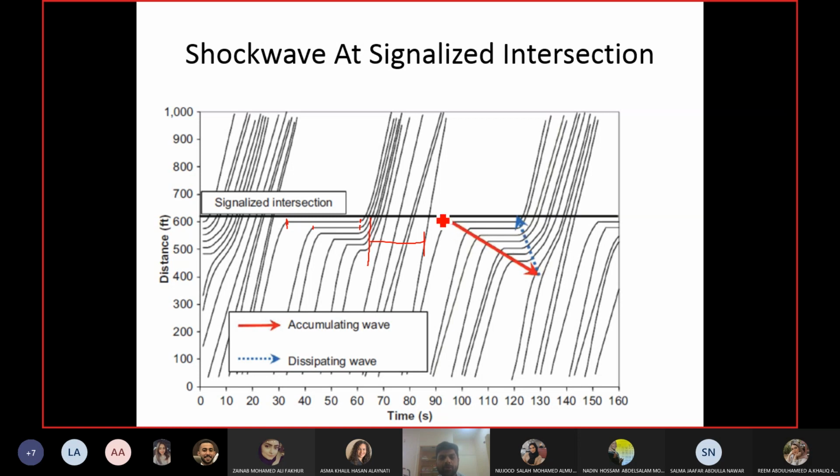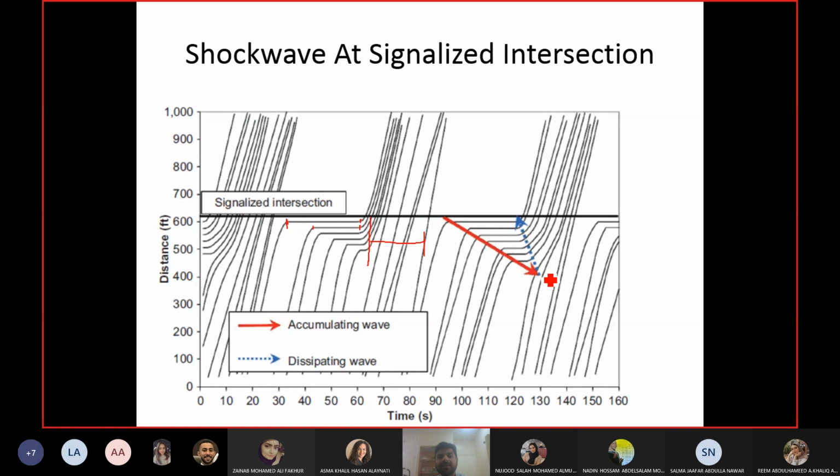So accumulating will go from the front to the back, like the queue, right? The queue starts from the front and extends backward. And dissipating is the other way around, from the back of the queue till the front of the queue. Obviously we are not saying that the back vehicle will move first.